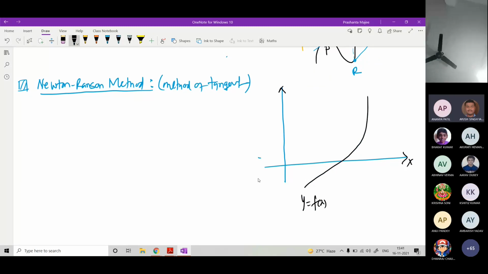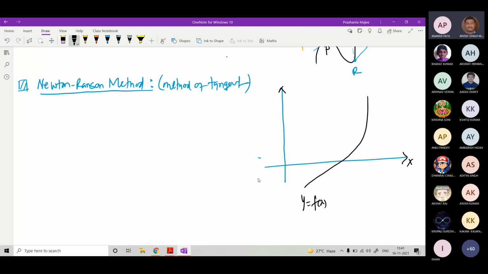So in this method, what shall we do? We'll choose one initial guess, x naught. Suppose x naught is here. How to choose x naught, that I will also discuss. So this is x naught.